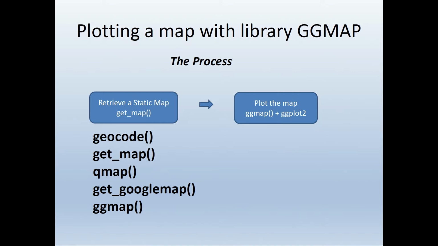The ggmap library is a collection of functions which help us geocode every location into its longitude and latitude, and also pull a static map just based on the description of your location. We then use this map as a background to plot points using ggplot.